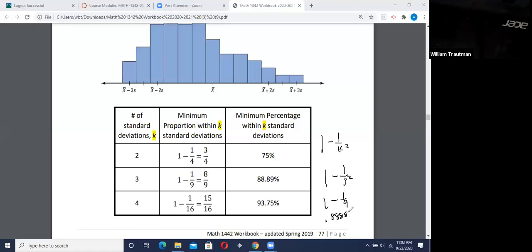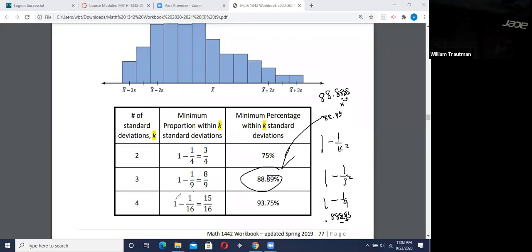If you multiply it by 100, I get 88.88888. To 2 decimal places, you round up and get 0.89. So the decimal equivalent is 0.888, and the percentage is 88.888. You have to multiply it by 100. The same thing applies for 4 standard deviations.